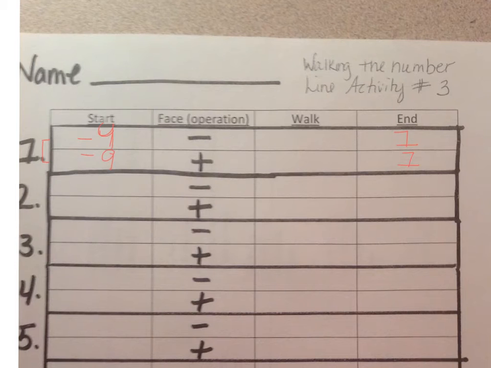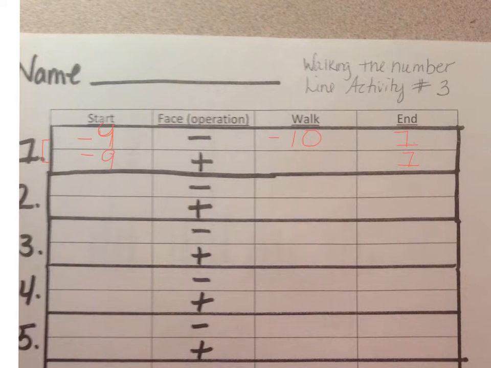So the first number line that I did was with the subtraction, because I was facing left, and I had to walk backwards 10 spaces. So that means this number here is a -10. So my first problem is -9 minus -10 is a +1.